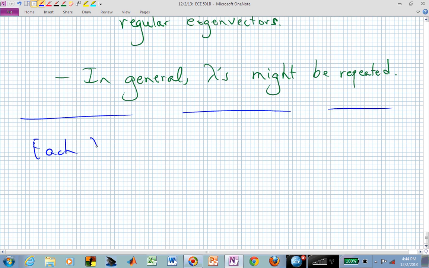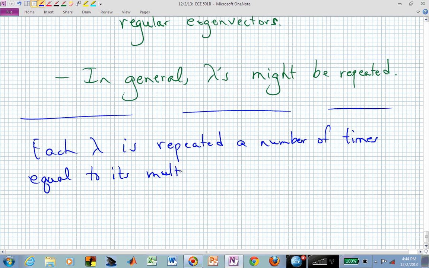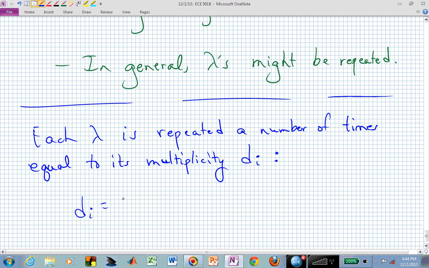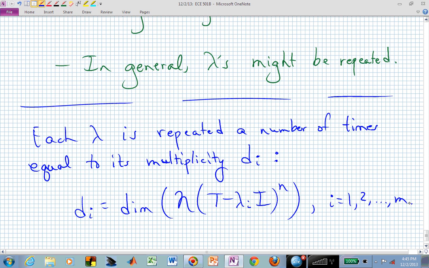Each lambda is repeated a number of times equal to its multiplicity, which we're now calling d sub I, where d sub I is equal to the dimension of the null space of (T minus lambda sub I times the identity matrix) raised to the nth power, where I now is 1, 2, up to maybe m.